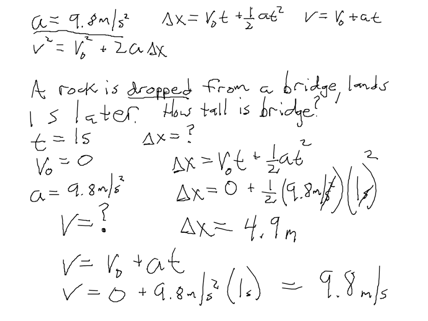And this time, the seconds cancel only one of those seconds, so we're left with units of meters per second. The speed of the rock just before it hits the ground will be 9.8 meters per second.